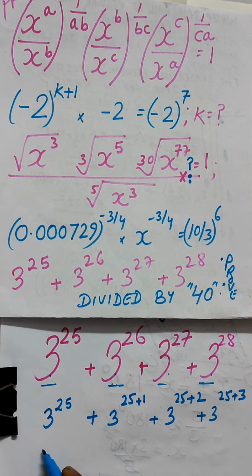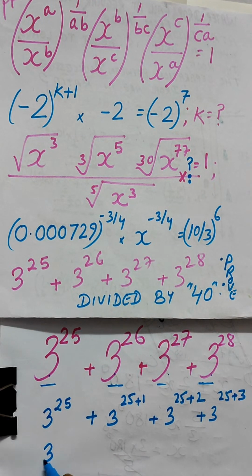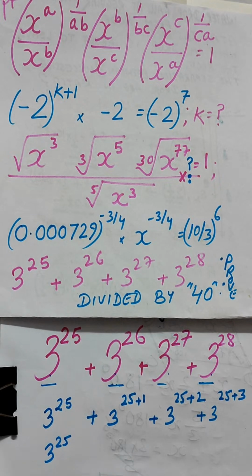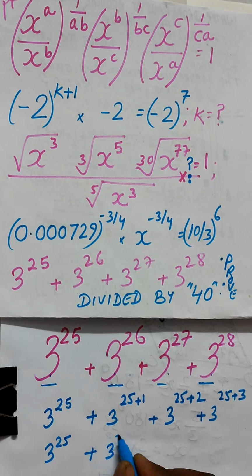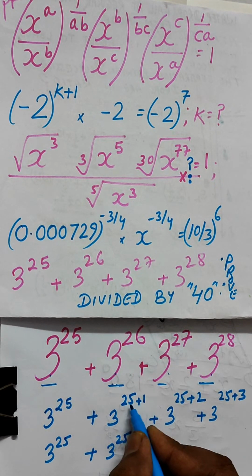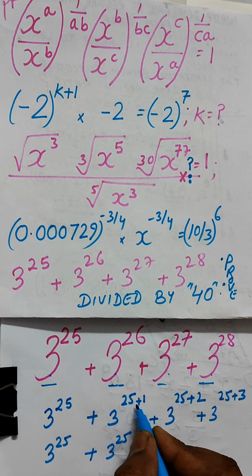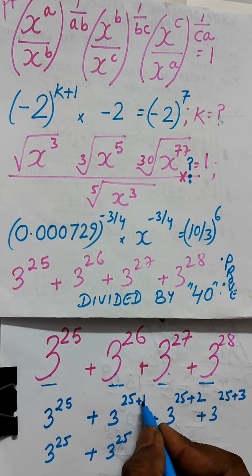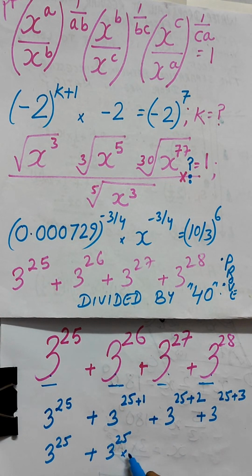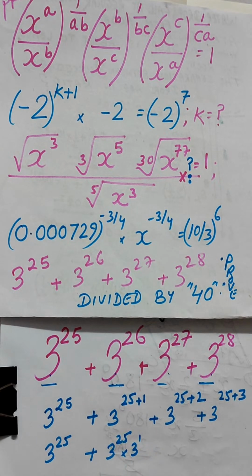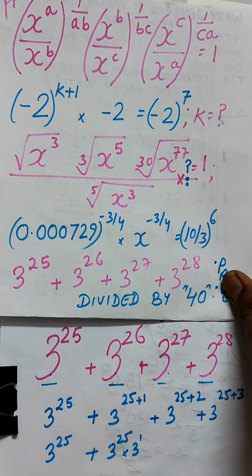Then 3 power 25, I leave it as it is, plus 3 power 25 plus 1. Since the exponents are added, we can write this as 3 power 25 into 3 power 1.